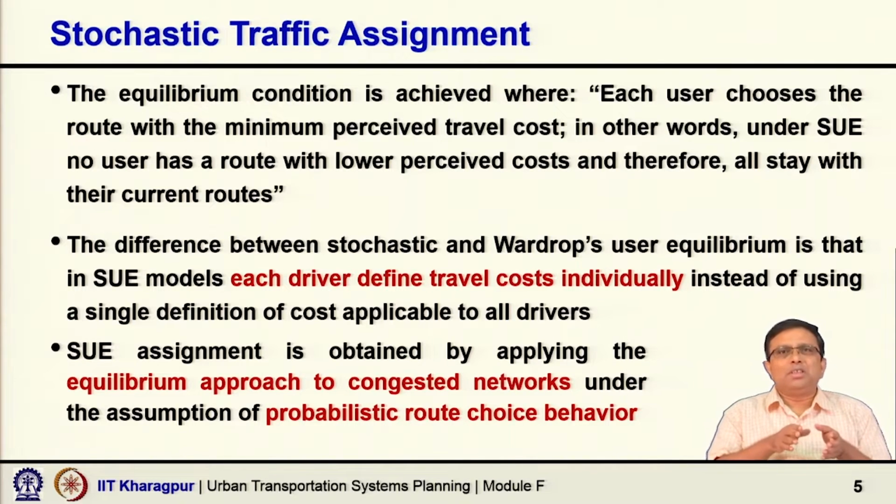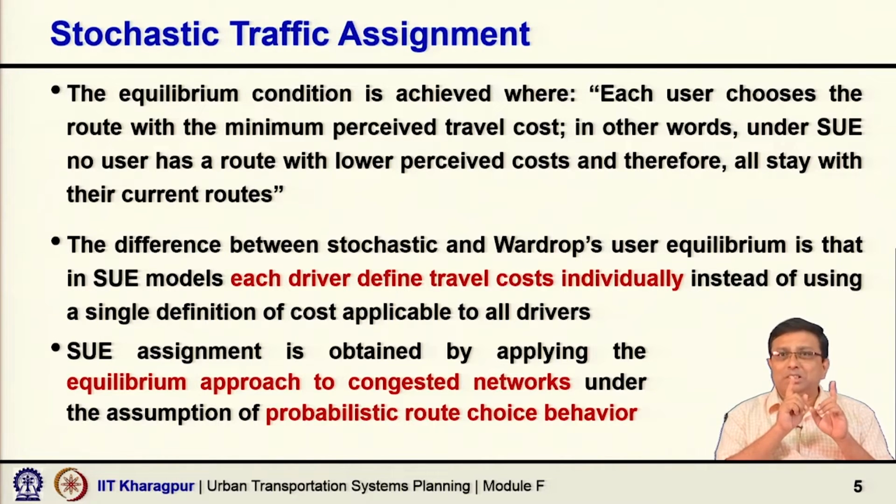where no user has a route with lower perceived cost. So, nobody is interested to change route from one route to another route, simply because no individual is able to bring down the perceived cost by changing route.